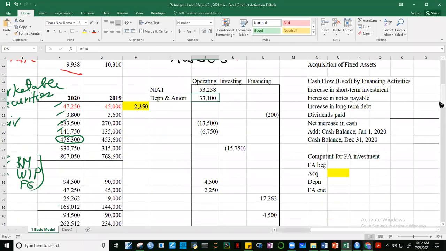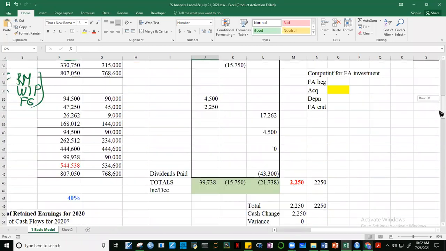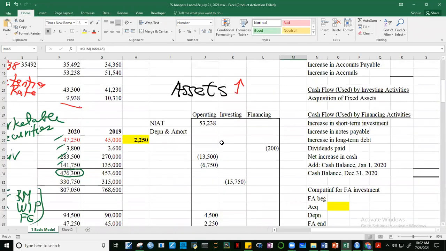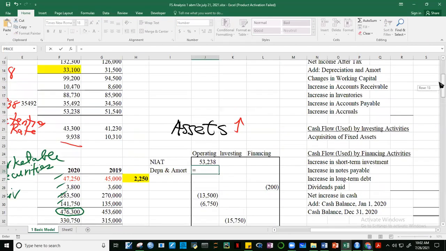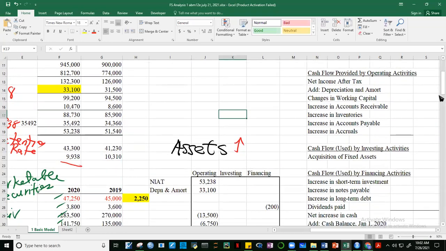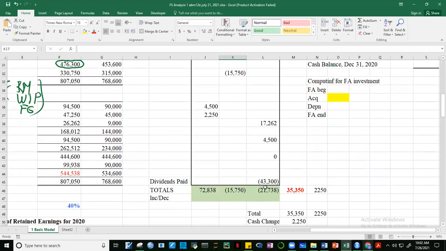Pag tinanggal natin yan, tama yung balance natin, 2,250. Pero mali tayo dito, guys. Dapat ibalik natin yung 33,100 na yan. Pero pag binalik natin 33,100 na yan, mali tayo dito.